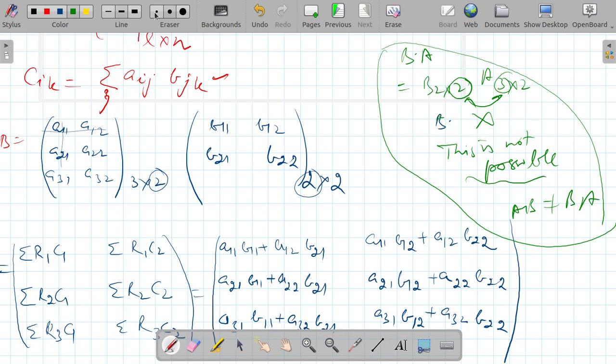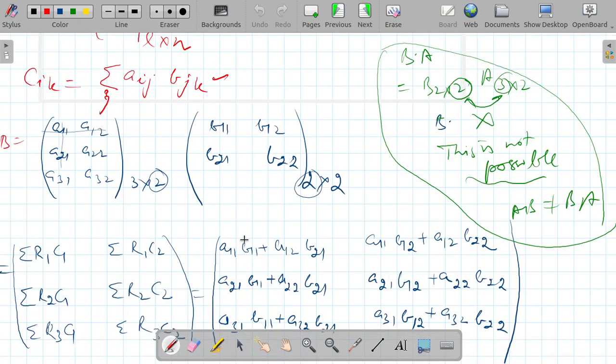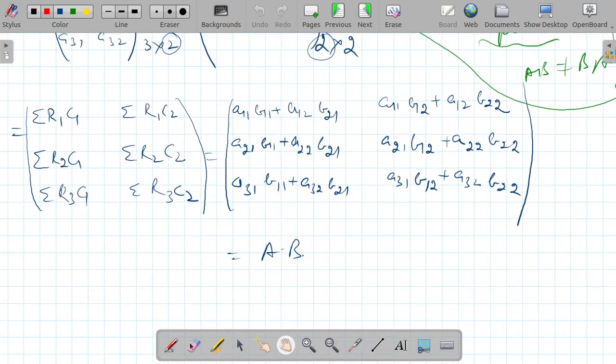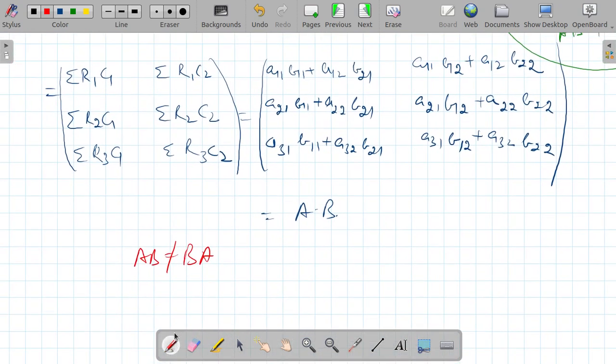So that means we have learned that AB is not equal to BA. That means they do not commute, which implies AB minus BA is not equal to 0, and this is like a commutator.